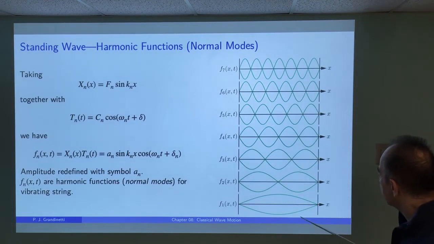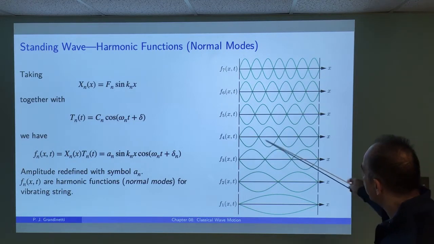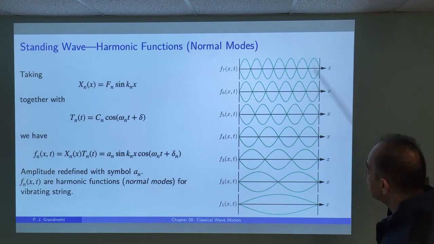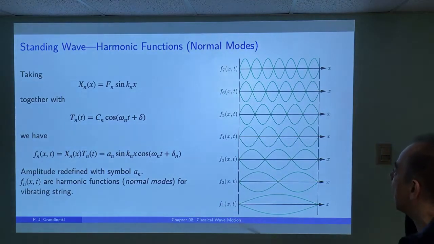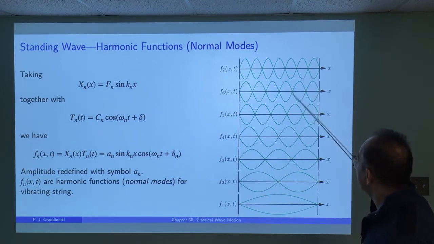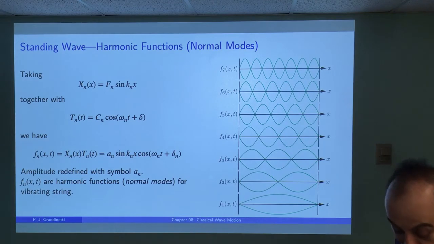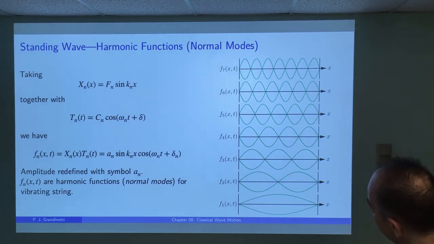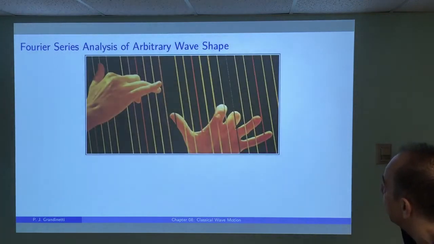In other words, it's not like you pluck the string in such a way to create only that oscillation. You're creating some linear combination of these oscillations, and that's what actually makes the sound very interesting, to be honest. If you just had one of these modes on your string, it wouldn't sound anywhere near as nice as it does when you pluck it.